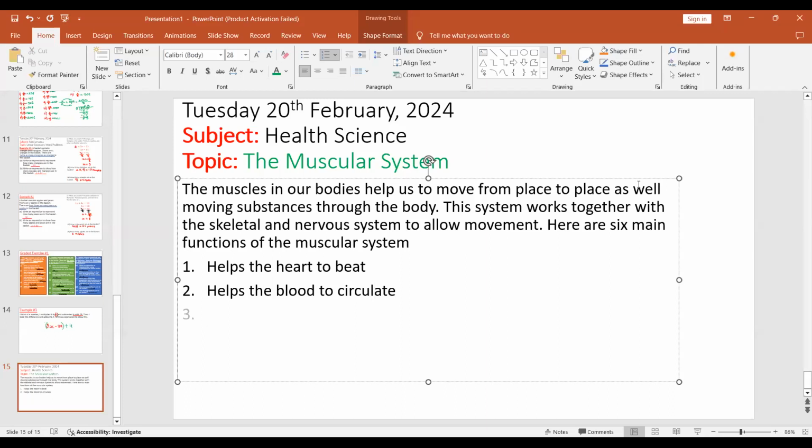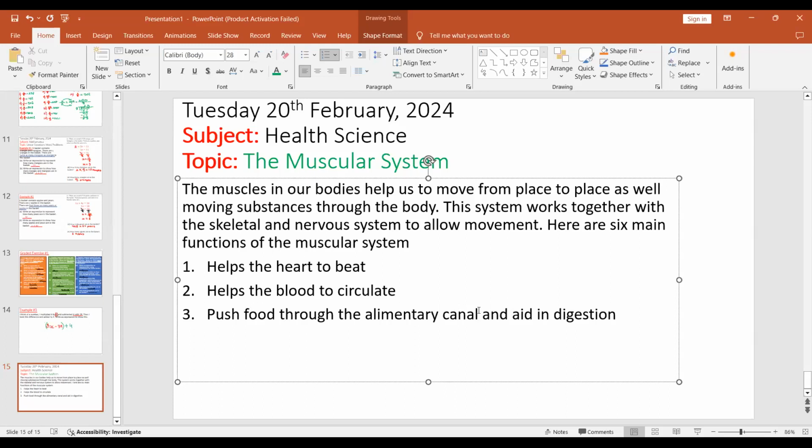Number 3, pushes food through the alimentary canal and aids in digestion. Now, the alimentary canal is just another word for the GI tract, or the gastrointestinal tract.